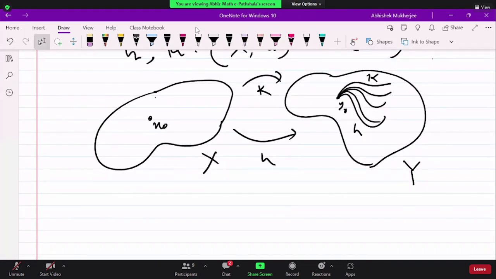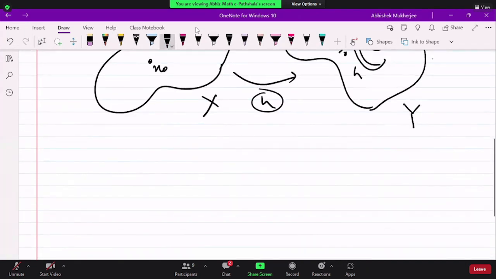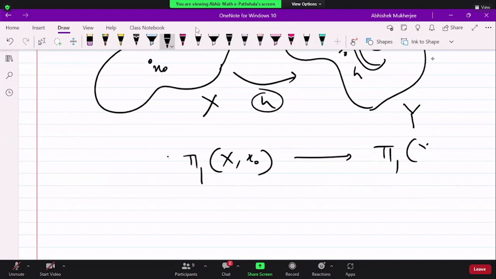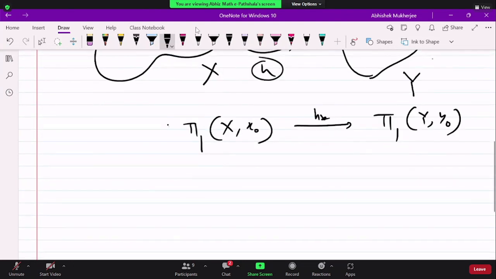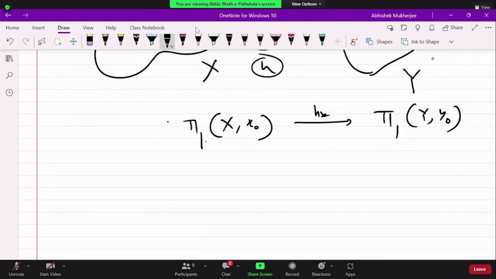Now one can deduce that, corresponding to this H, you are having the induced homomorphism H star, which is from pi1 X naught to pi1 Y naught, right? Suppose this is your H star. At the same time, you are having another induced homomorphism from pi1 X to pi1 Y, which is K star, right?